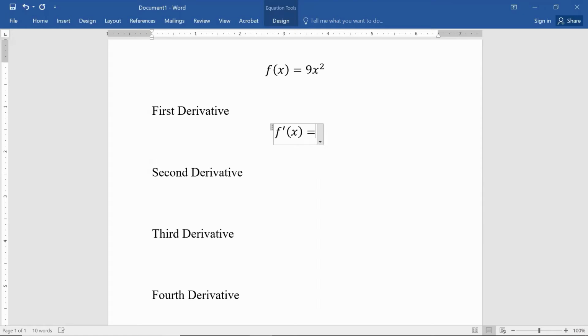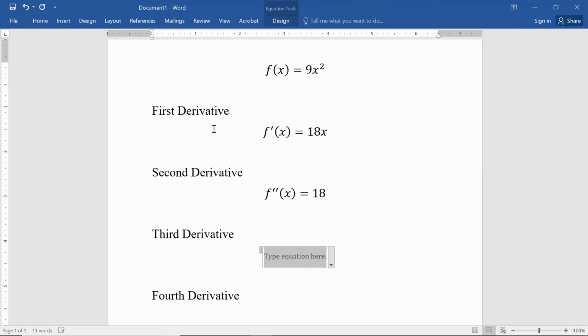So the first derivative, f prime, will be 18x to the first power, or just 18x if you want to write it like that. If I take a derivative of that, I get the second derivative. So f prime prime is equal to 18.